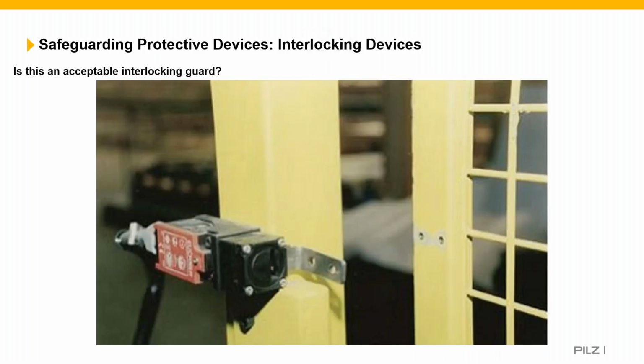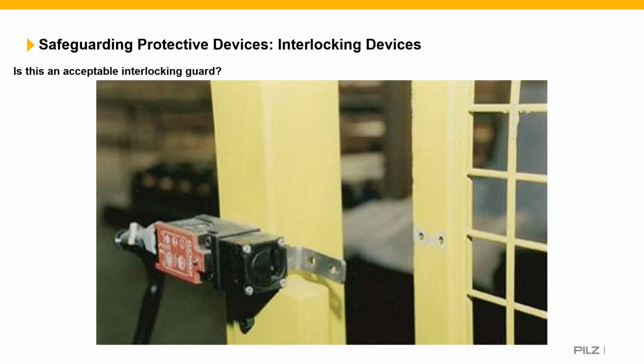So based on what we've run through so far in the webinar, is this an acceptable interlocking device? So okay, we don't know the performance level required, but we can see by the fixings that they've come loose.